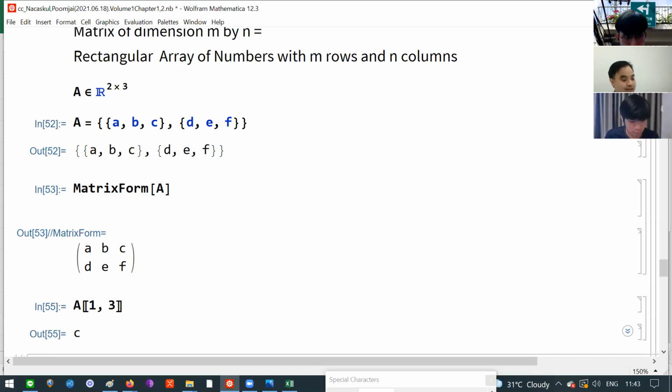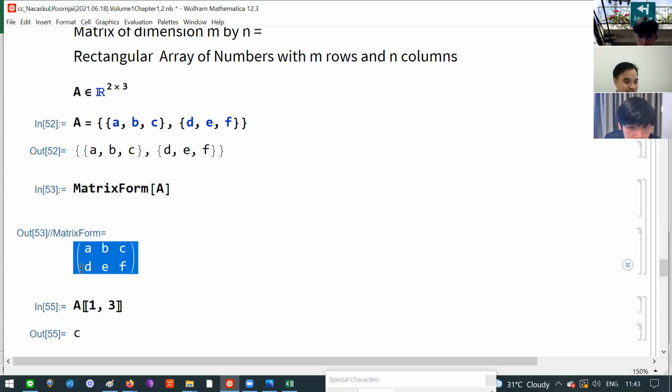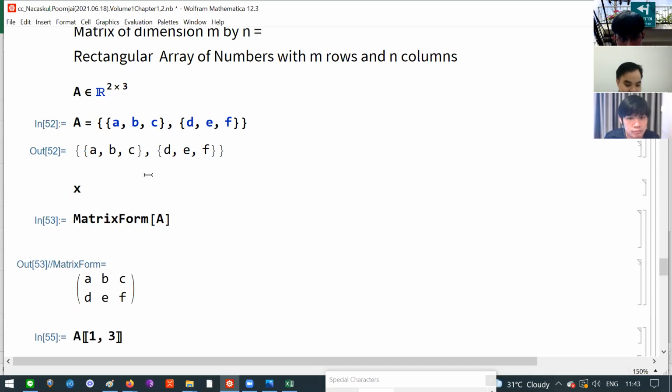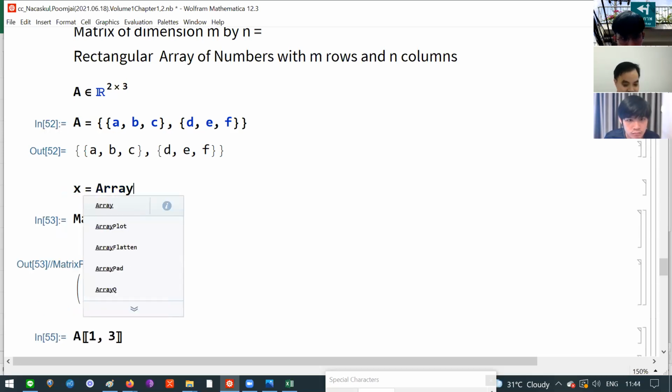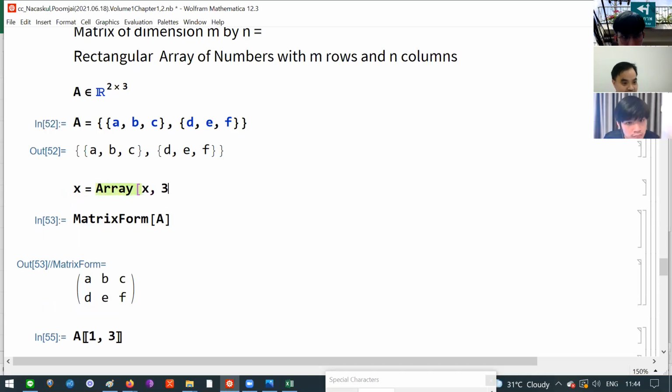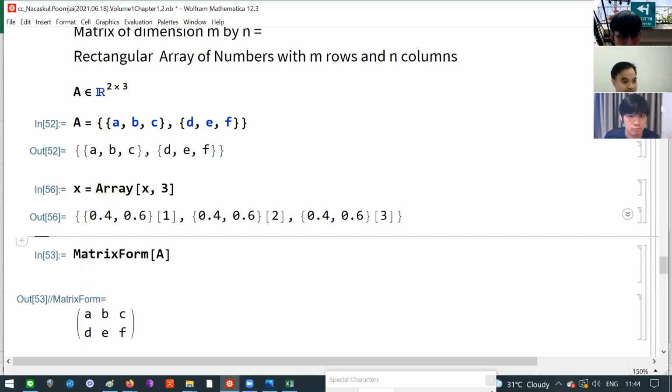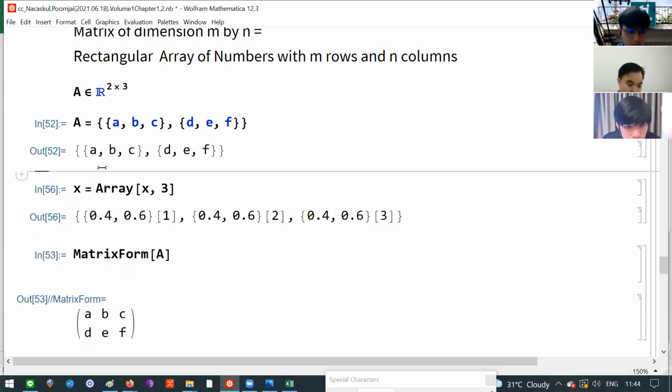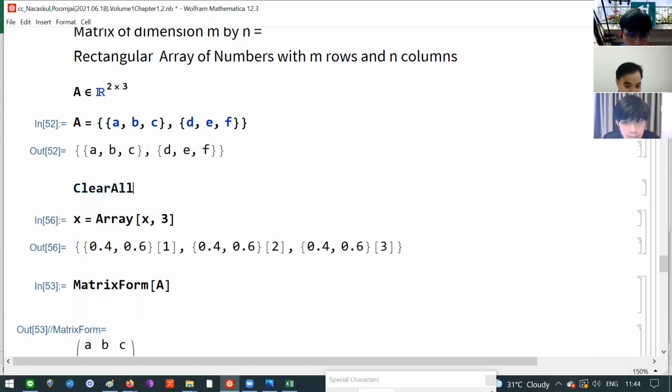Now, I'm going to do some magic. Okay, so this is my matrix, right? This is my matrix A. Now, I'm going to call my vector X. Okay, let's say X is a vector, an array of dimension 3. I have to clear X because I made a prior assignment.